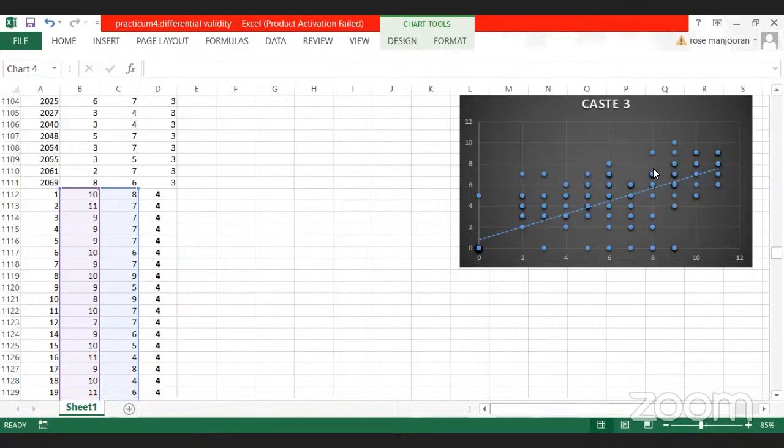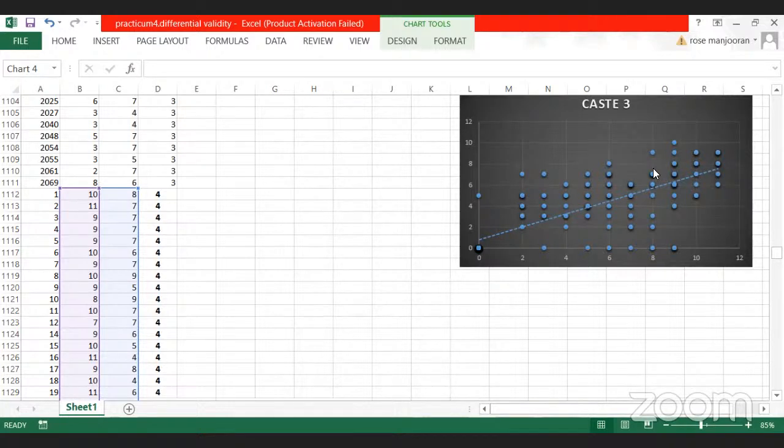Yes, sir. This will be the best fit line for the best prediction. Maximum prediction you can make based upon the best fit line. So now you find out how many dots are on the best fit line for each category.